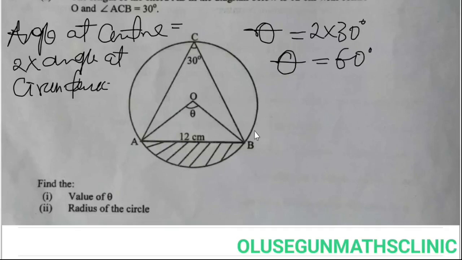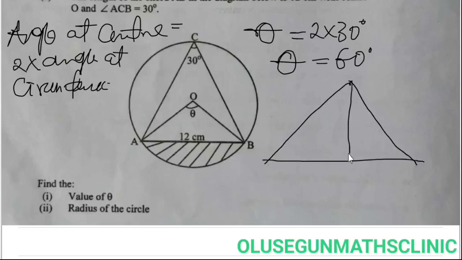The question proceeds to find the value of the radius. Since we know this angle to be 60, let's do a little manipulation.